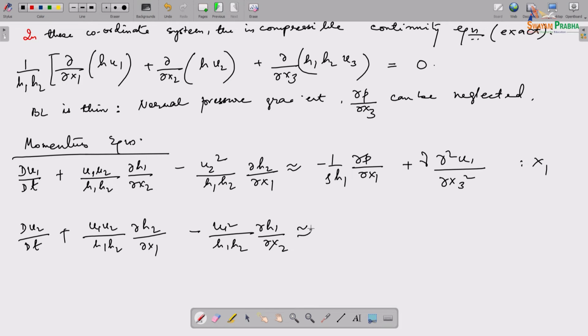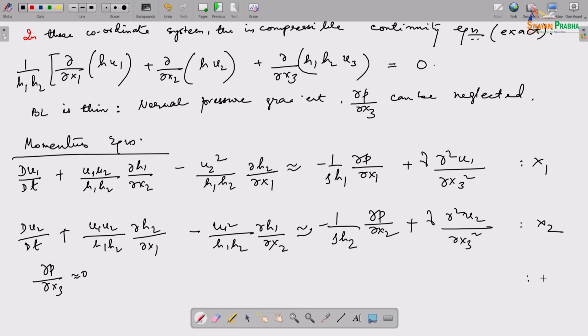Now, that is equal to, okay. So, this is your equation in the x2 direction, and the third equation is, so del p, this is in the x3 direction.